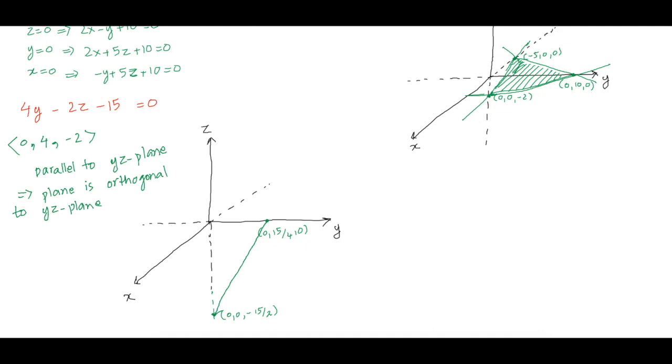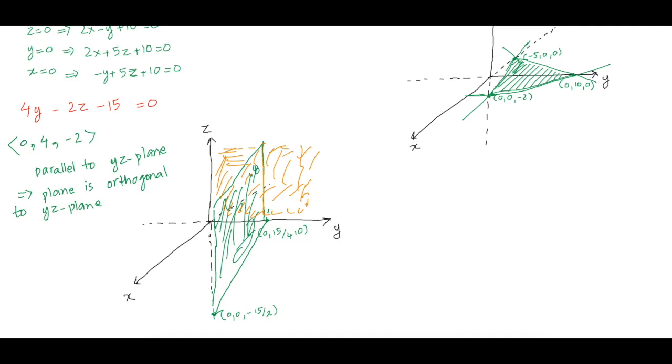So this means the plane goes like this. This is the actual plane, and the yz plane is this one, and this is the line.